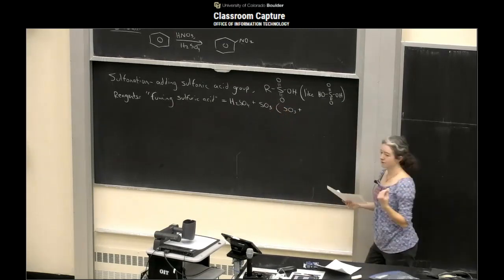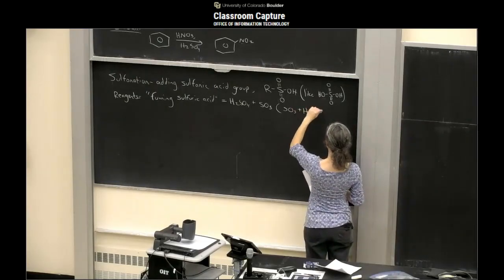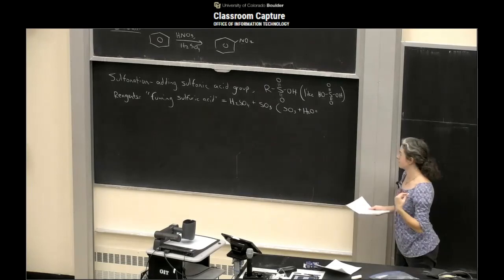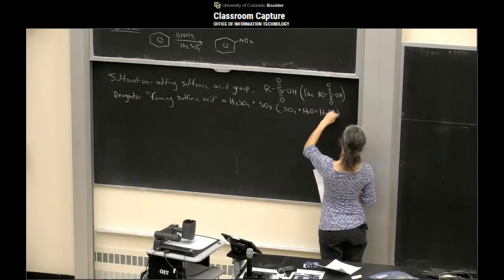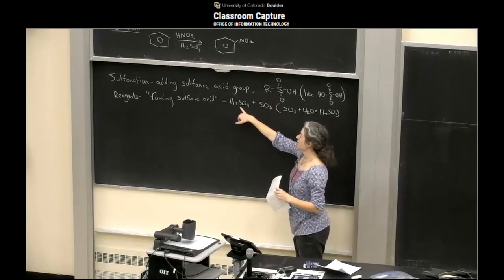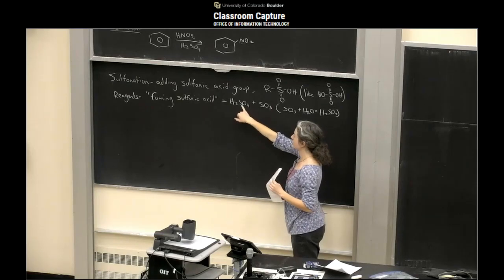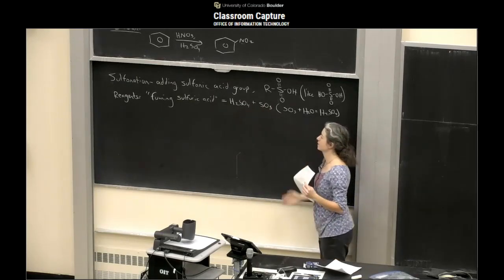If you look at the formula, SO3 is basically like the dehydrated version of sulfuric acid. So if you add a molecule of SO3 to H2O, you're going to get H2SO4. So think of this as we've concentrated this sulfuric acid so much that some of it's actually starting to break up into water and SO3.